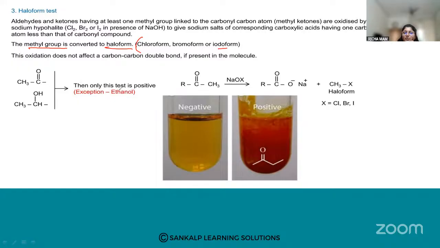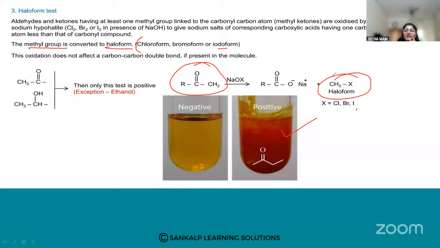So we take a methyl ketone and react it with sodium hypohalite. We get the sodium salt of the carboxylic acid and a haloform. X can be Cl, Br, or I, so iodoform, bromoform, or chloroform is formed. That is the positive test.